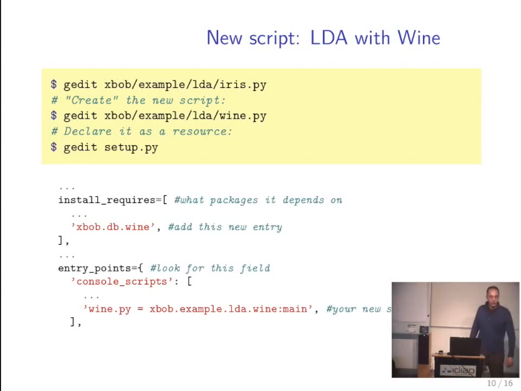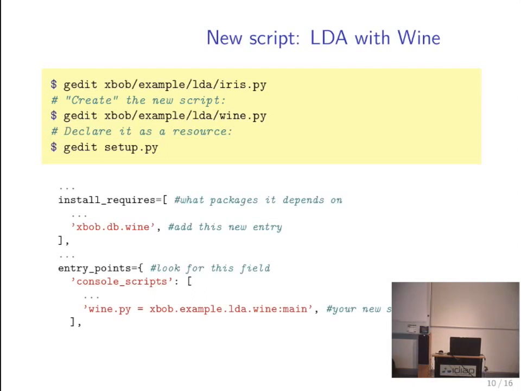So let's do that. So what we're telling the setup system is that my package now requires this other database to run. Okay? And somebody has prepackaged already this database and put it somewhere, hopefully, if Laurent has done his homework. We're going to see that in a while.